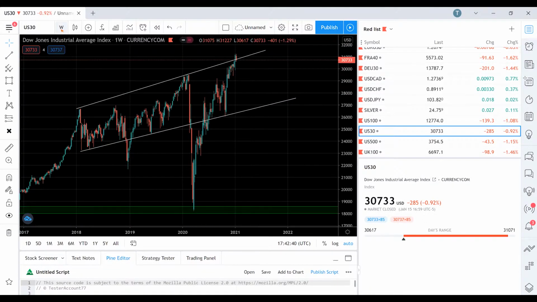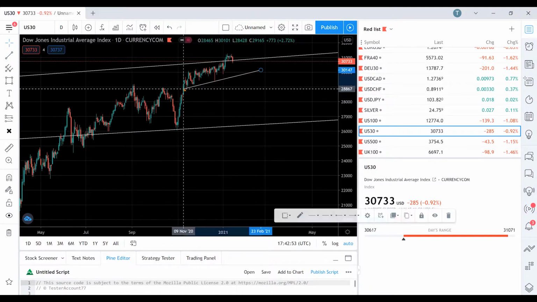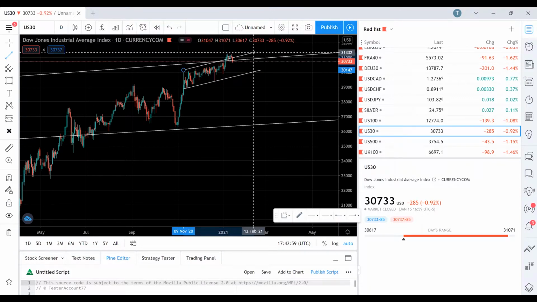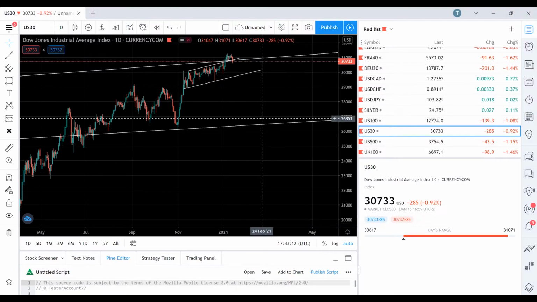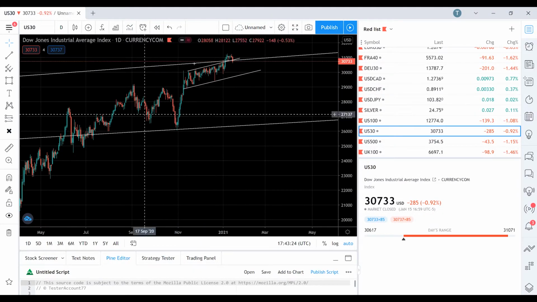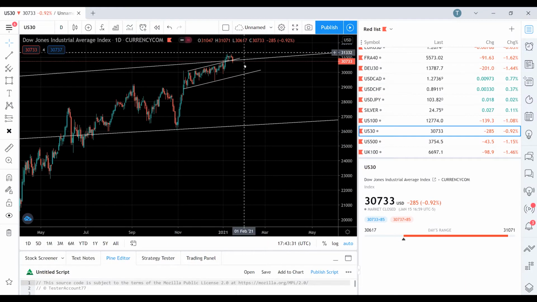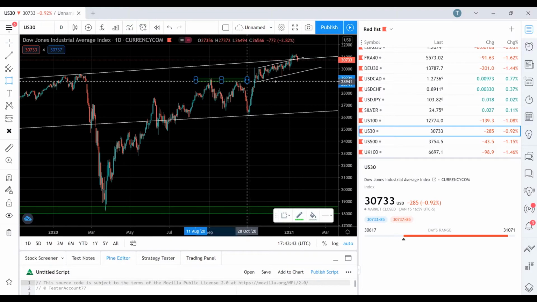Move to the daily. Trend support here. Trend resistance here. We can have a rejection here all the way down to break trend support and then move lower to the second trend support. We could also move higher. Buy zone here.